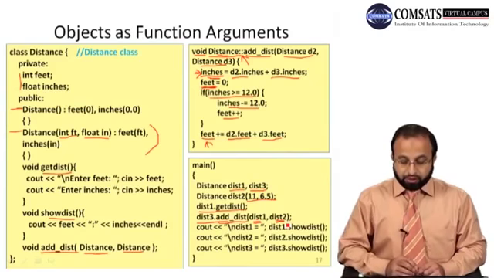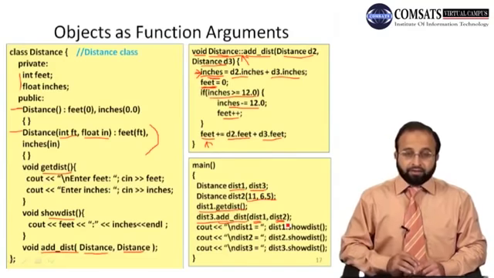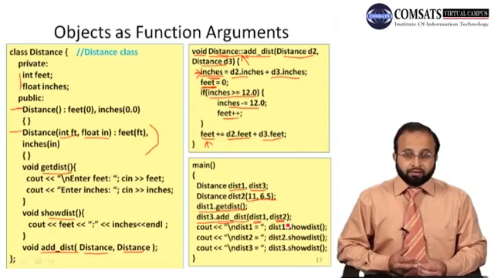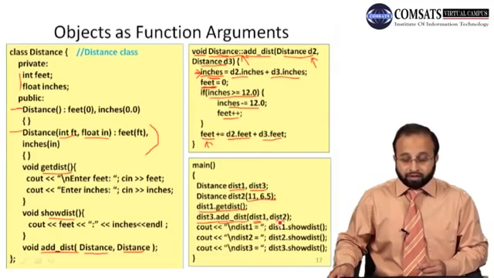Now this is very important to remember that in addDest function the private data members of dest3, which are feet and inches, are directly accessible, while the values of dest1 will be copied to the object d2, and the value of dest2 object will be copied to d3 object, right? जो d3 ऑब्जेक्ट है इस ऑब्जेक्ट में कॉपी हो जाएंगी वैल्यूज.